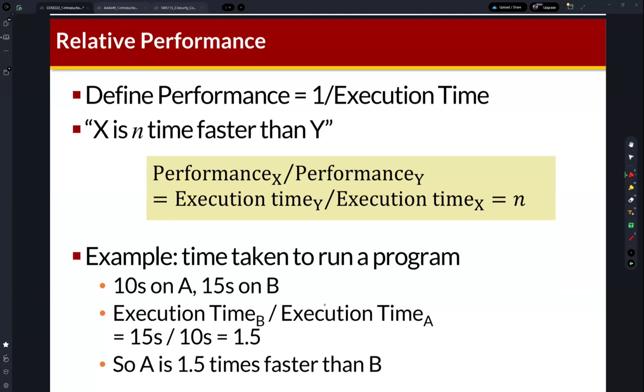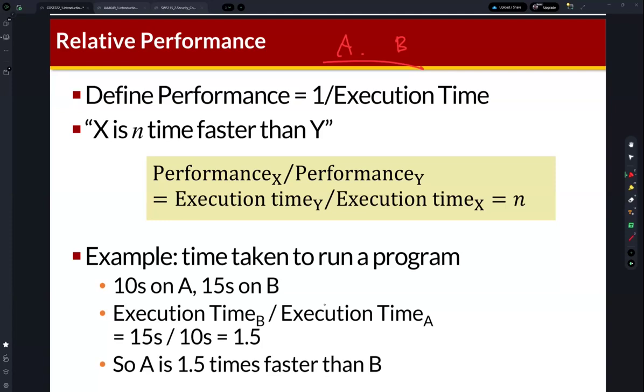For example, person A and person B are racing on the 100-meter race. How can we compare the performance of person A and person B? We can just measure the response time, like the time gap between the start time and the finish time.